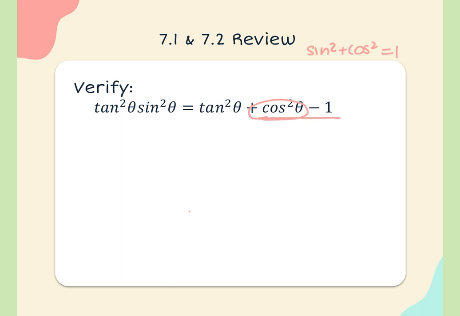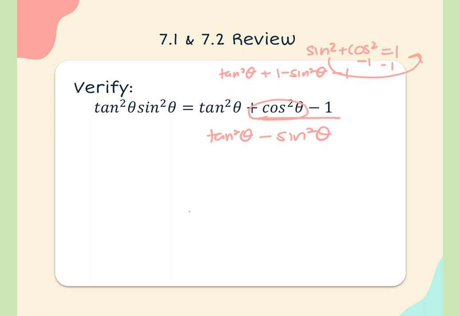Just replace cosine by itself, or if I subtract, I can move sine to the other side. It would equal negative sine squared. So I could get tan squared theta minus sine squared theta by replacing cosine squared minus 1. If you only replaced cosine squared, it would have been tan squared theta plus 1 minus sine squared theta minus 1. So it would have been one more step, but eventually you get rid of that minus 1 anyways.